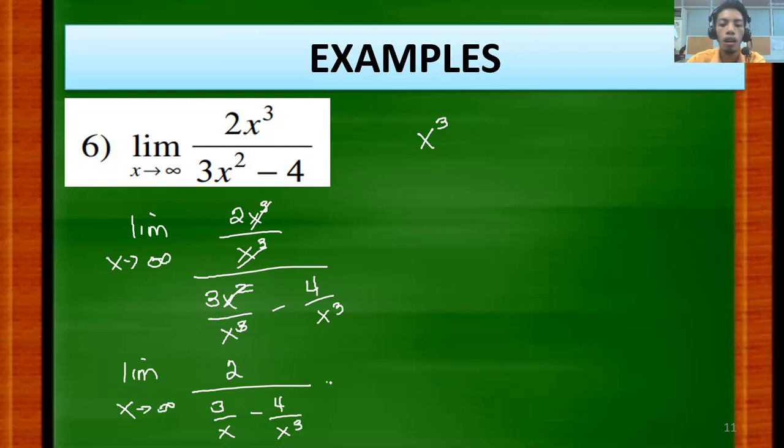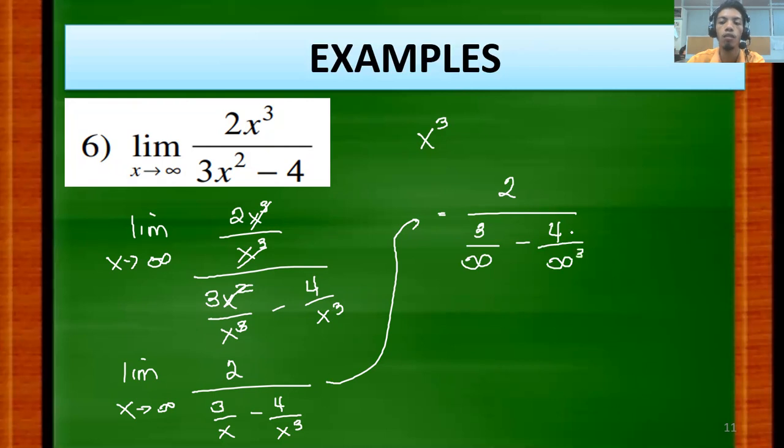So now, substituting infinity for all x, so you have 2 over 3 over infinity minus 4 over infinity cubed. Okay? So again, lahat ulit na na-divide sa infinity ay magiging 0. So you have 2 over 0 minus 0. That is 2 over 0.